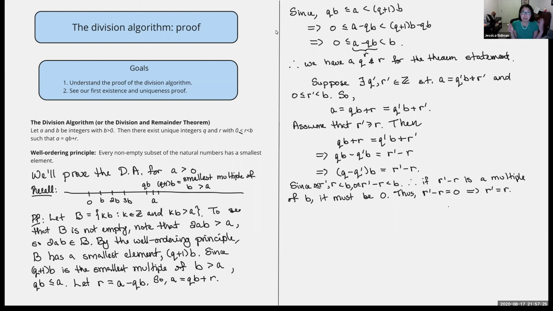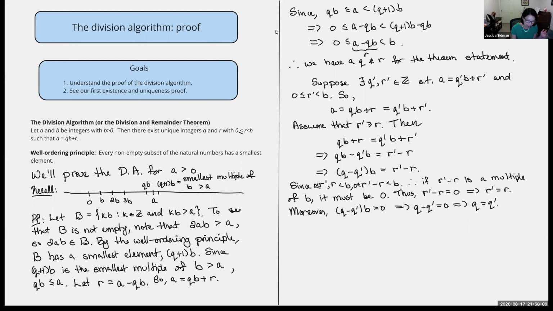Here's where I'm going to use that word moreover again, right? I never use that in real life. Moreover, if R prime minus R equals 0, it must be that Q minus Q prime B equals 0, which implies that Q minus Q prime equals 0, which implies that Q equals Q prime. So wait a minute, let's step back. That's like a lot of algebra, a lot of stuff happened.